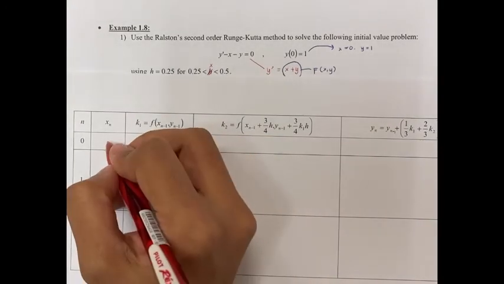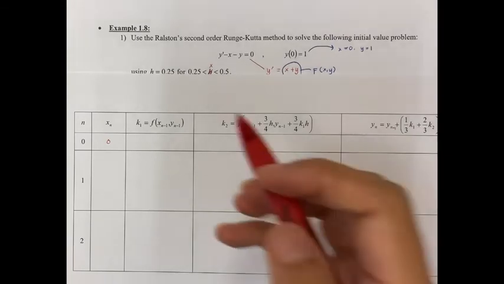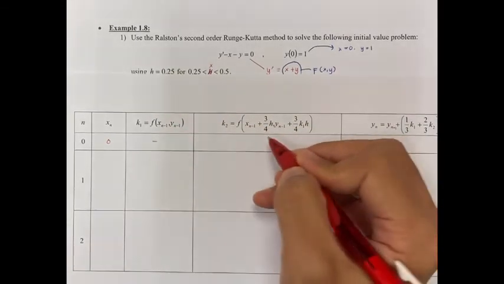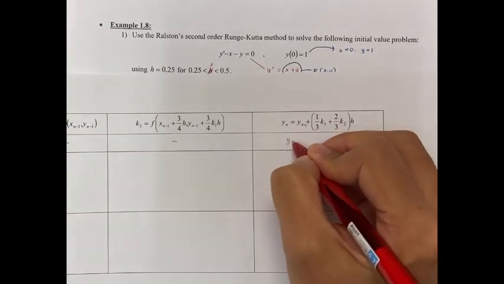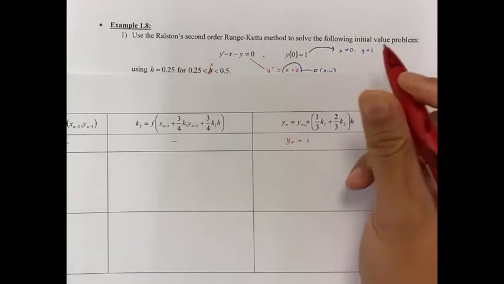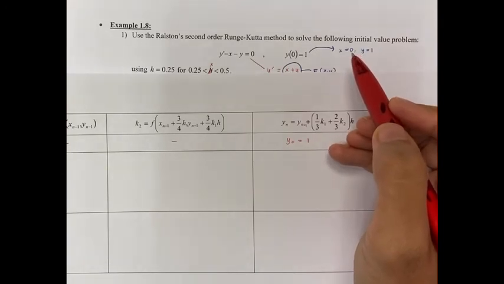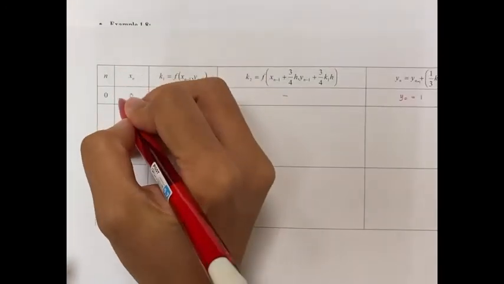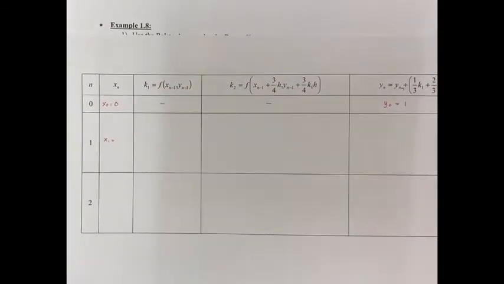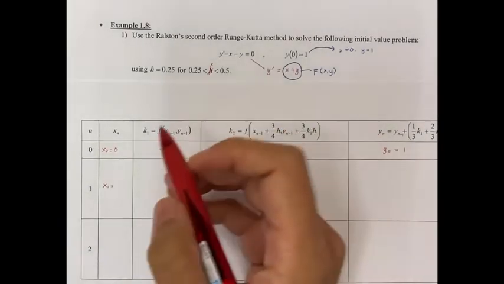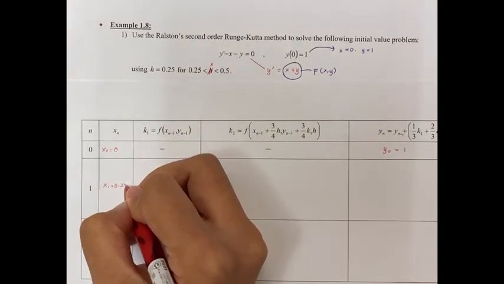So we have x0 equal to 0 from our question, and for the first iteration, we don't have any k1 and k2 yet. Just moving to yn, y0 is equal to 1. Then for the first iteration, x1 is equal to 0 plus your step size 0.25, so we have x1 equal to 0.25.